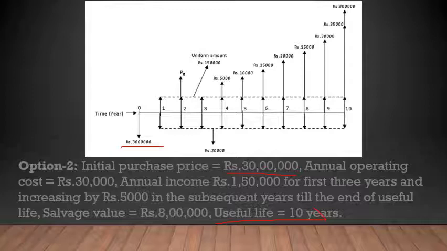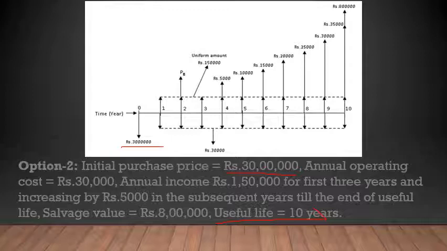Annual income of 1,50,000 for the first 3 years and increasing by rupees 5,000 in the subsequent years. See, first 3 years it is 1,50,000: 1, 2, 3. Starting from the 4th year it increases by rupees 5,000 every year till it ends.